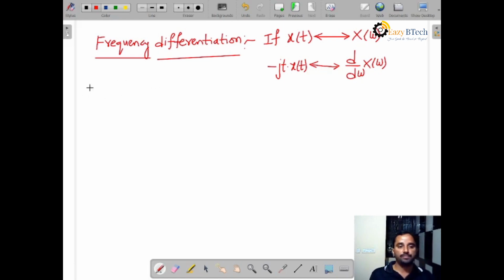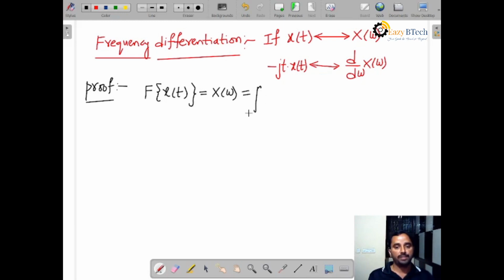So let's see the proof. The proof is from the Fourier transform definition only. So what is a Fourier transform? The Fourier transform of x of t is X of omega, equal to the integral from minus infinity to plus infinity of x of t e to the power minus j omega t dt.